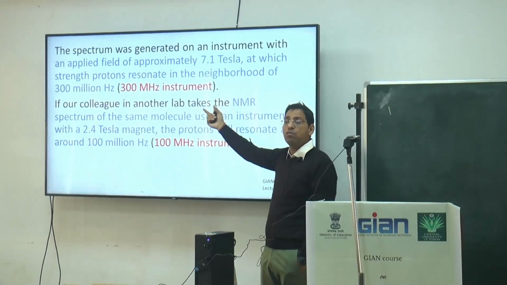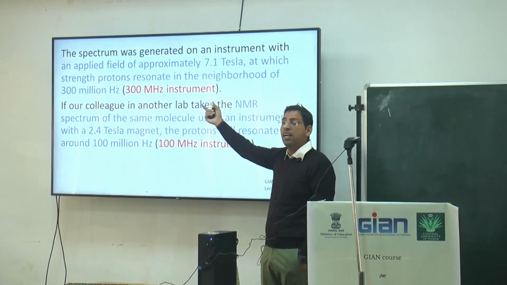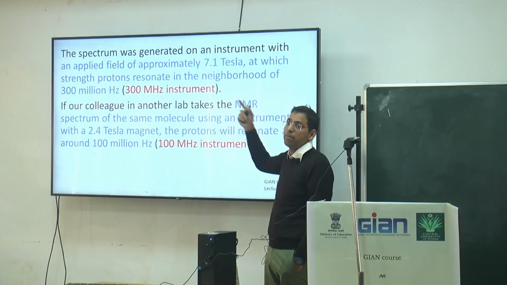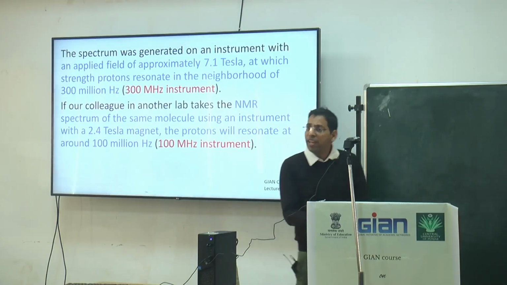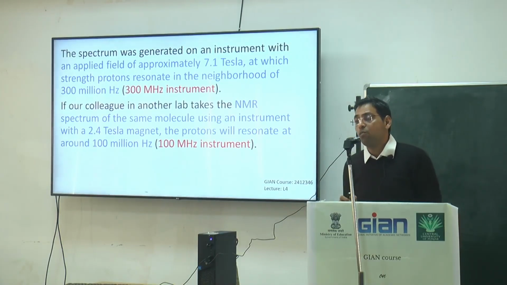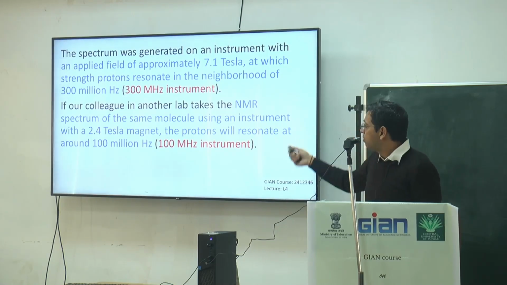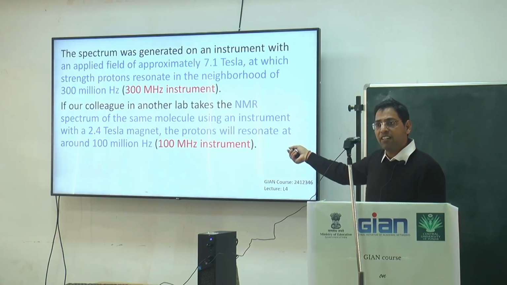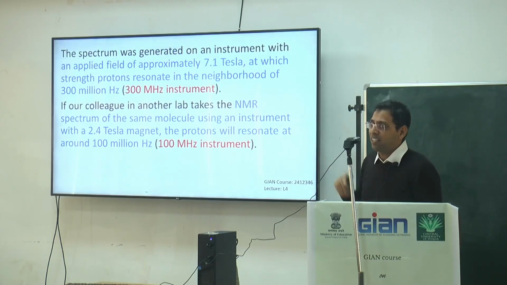Another NMR is better. It has 300, it can resonate the molecules up to 300 megahertz. We have here an NMR that has 600 megahertz, but right now 1200 megahertz NMR is also present in many laboratories. So you get different data from one, and different data from another.